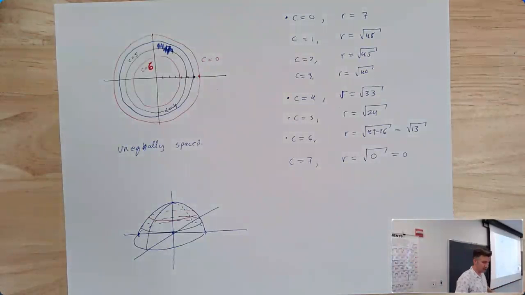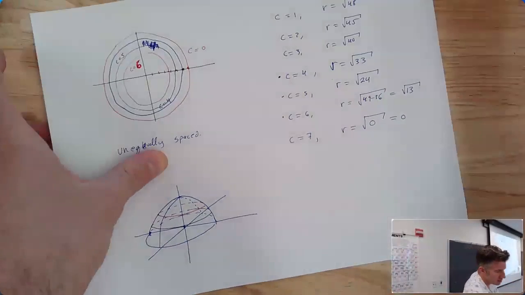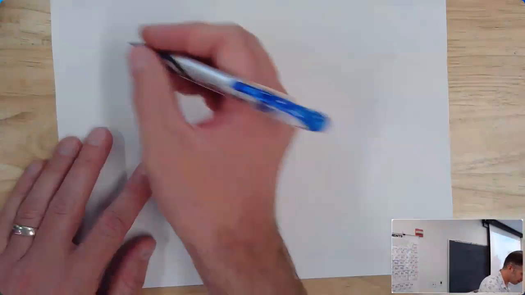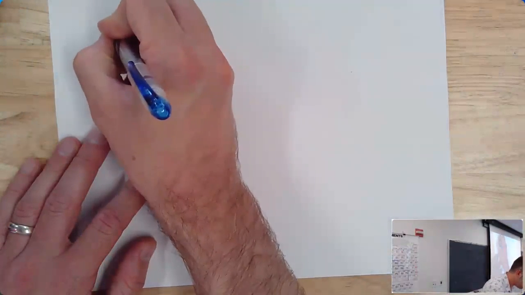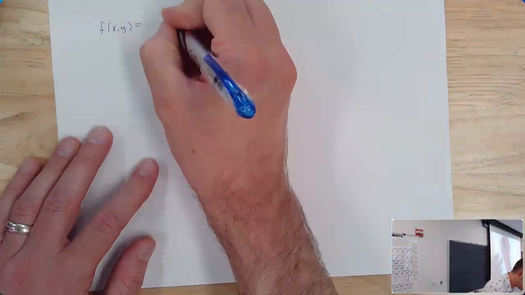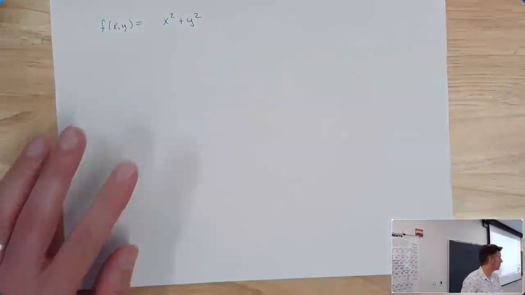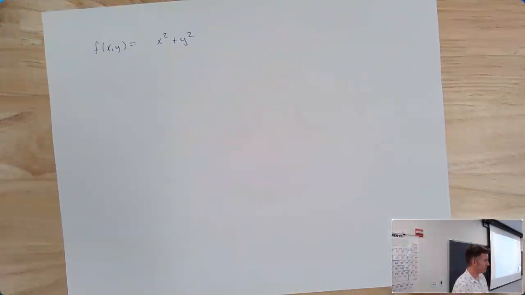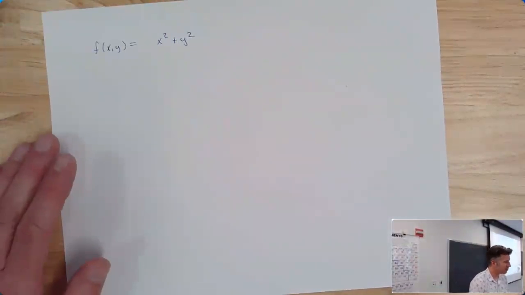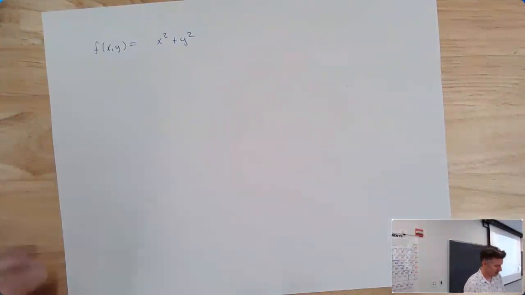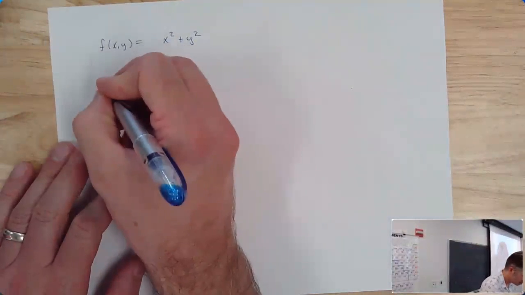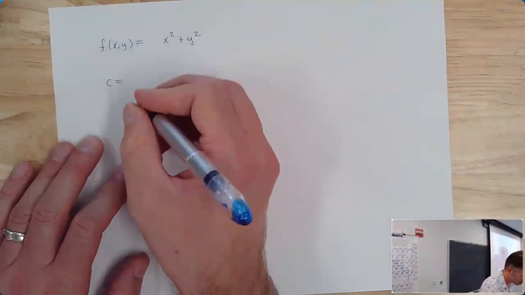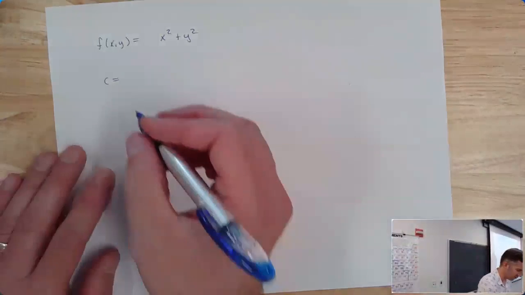For contrast, let's look at the function f of x, y equal to x squared plus y squared, and draw some level curves. Let's say we want to pick c equal to c for a second.